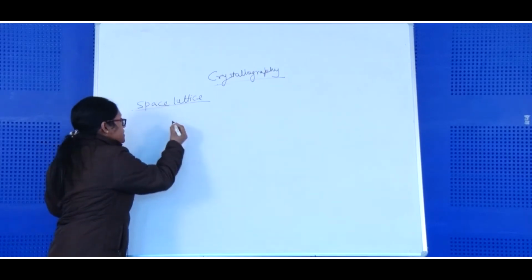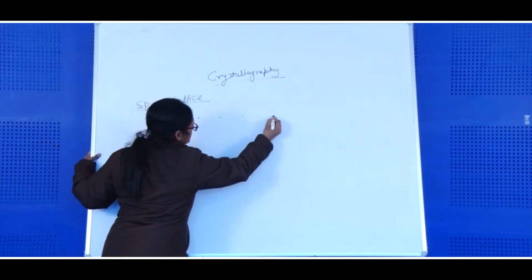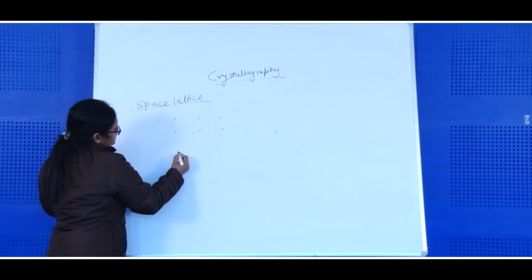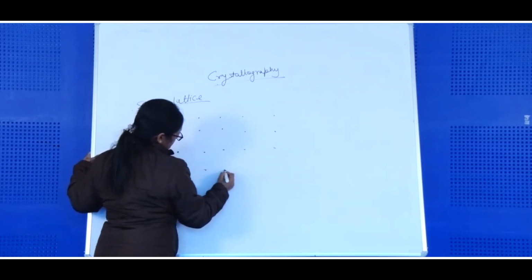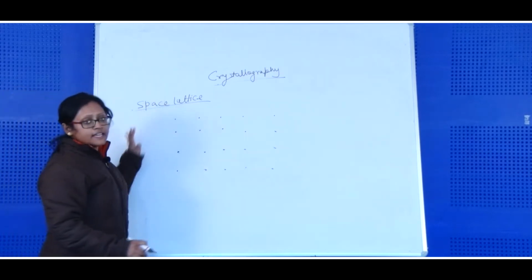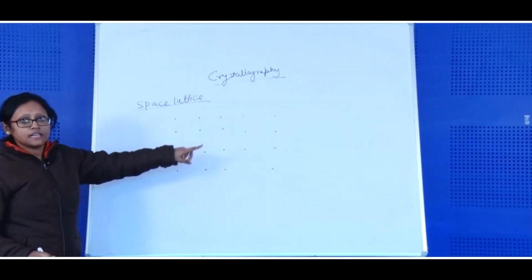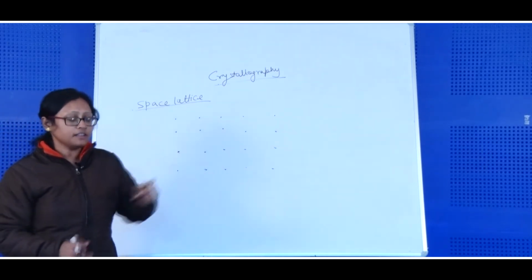Space lattice is, let me draw first. Obviously here, as it is 2D, I have drawn it in 2D. In reality it is 3-dimensional.